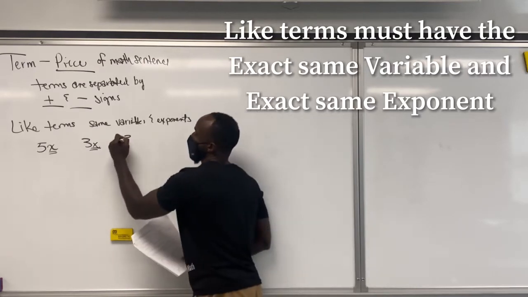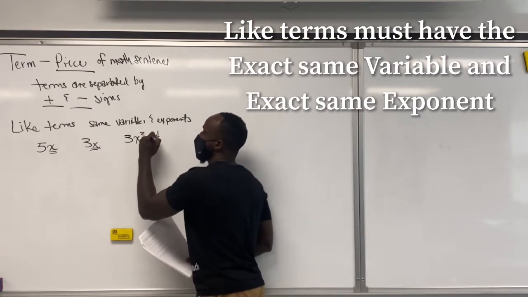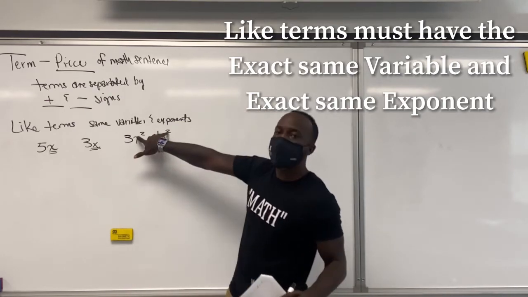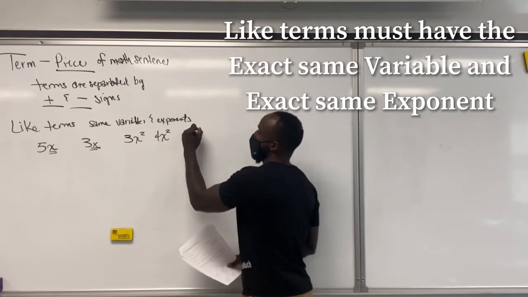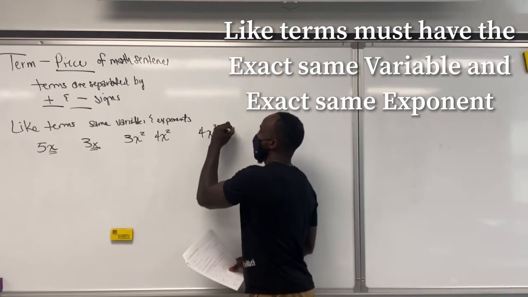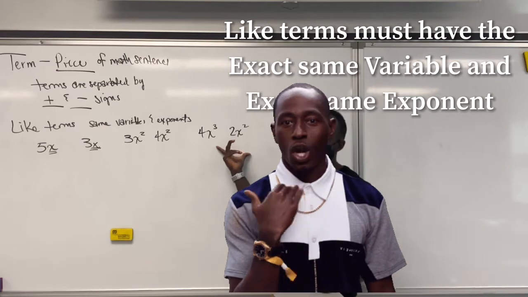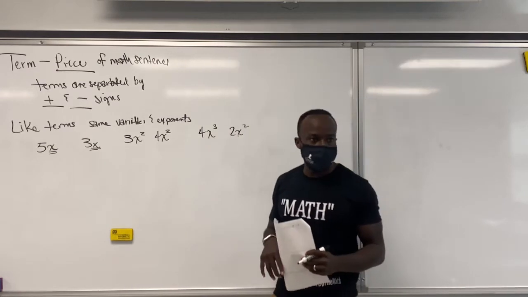If I had 3x squared and 4x squared, exact same variables, exact same exponents. If I had 4x to the third and 2x squared, these are not like terms because they don't have the same exponents. You feel me?